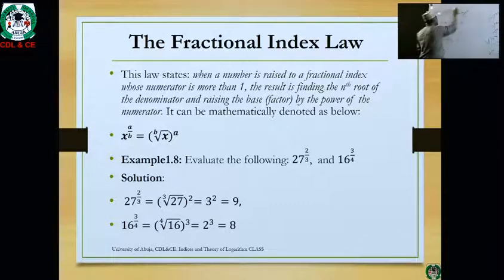Assuming what we have here is x raised to power a over b. We simply find the b-th root of x, as you know previously, but it will then be raised to power a.